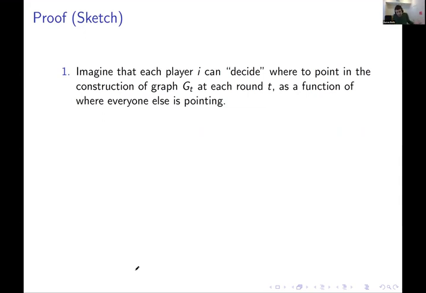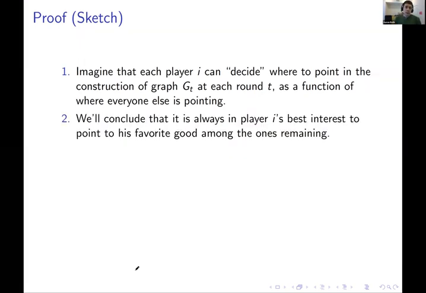So in particular, if I can prove that it's always in your best interest to do as you're supposed to do and always point to the good that really is your favorite amongst the ones remaining, then that suffices to prove that the original algorithm is dominant strategy incentive compatible, because it's possible to implement that strategy by reporting your true preferences.